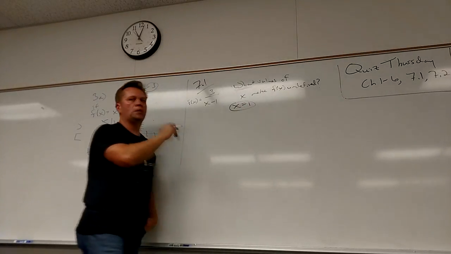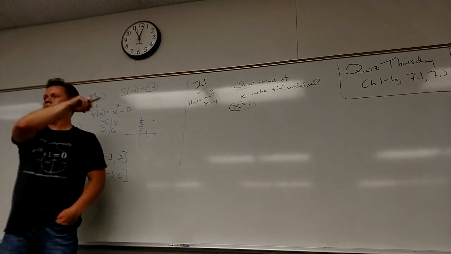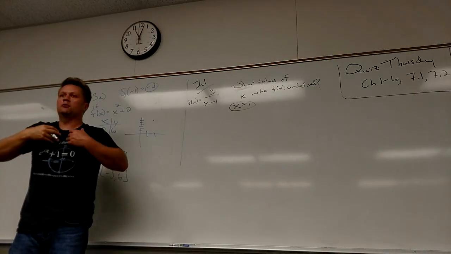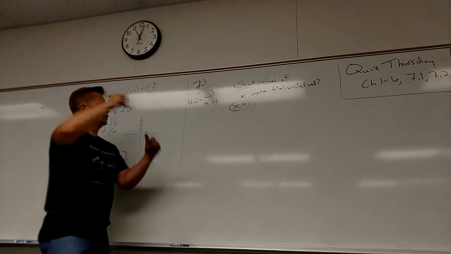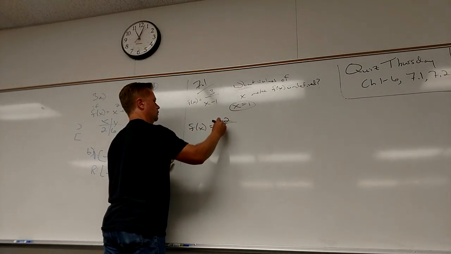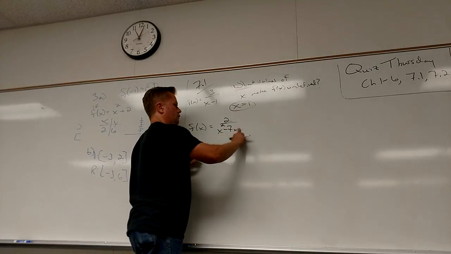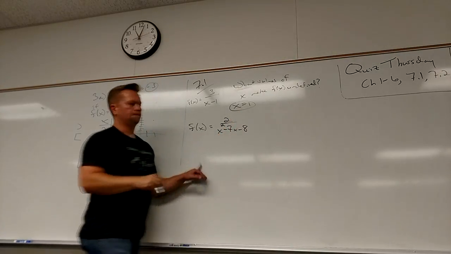If they said, what's the domain of this? You'd say everything except 1. Because that's the one thing that makes it undefined. So the domain would be everything else. What about for this function? Oh, what you got, Jeff? Yeah, all right.